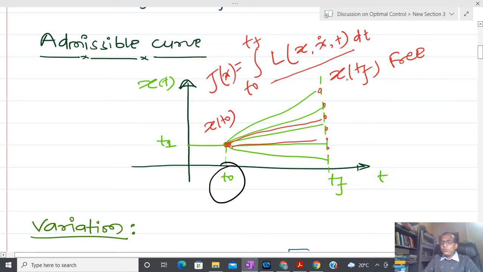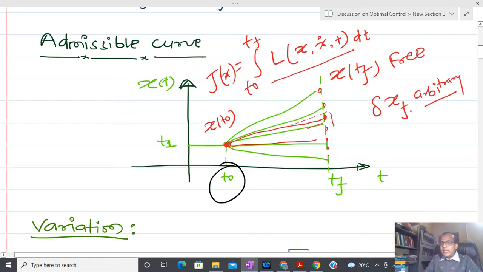Not zero. No, not 0, because it might be possible that I have some curve here, and I can tell that I have to look at all possible curves in this neighborhood, and out of that I have to select the extremum curve. Due to that reason, the variation of xf is arbitrary.